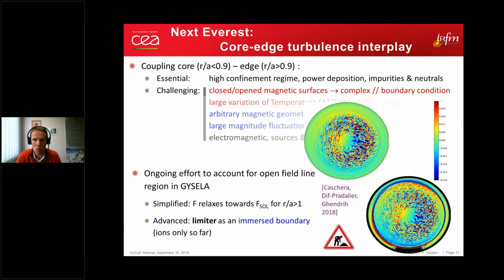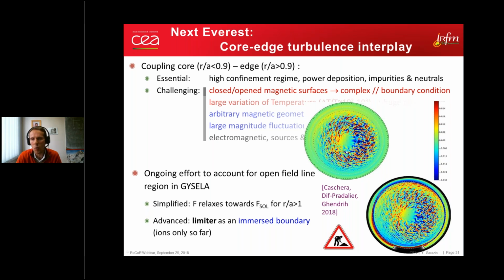Nevertheless, because it is extremely important to make predictions for ITER regarding this region, and as a complementary effort with respect to the effort presently made by the fluid community, the fluid modeling of turbulence in tokamaks, we are pushing the gyrokinetic codes toward the edge.